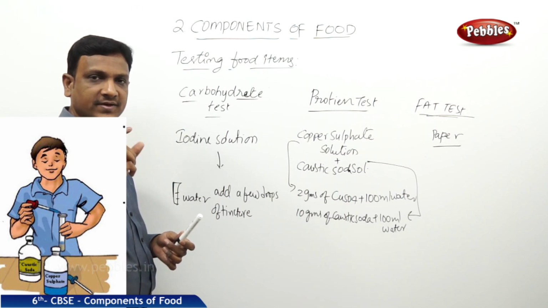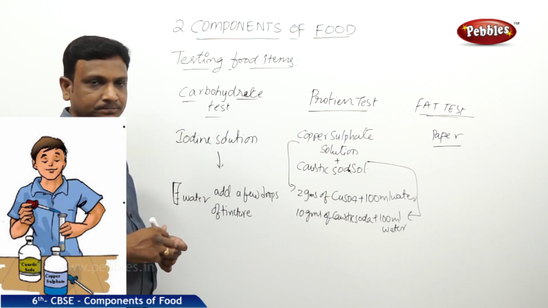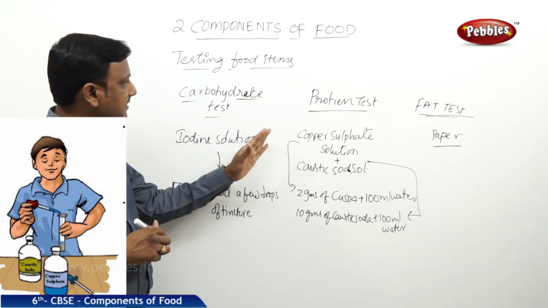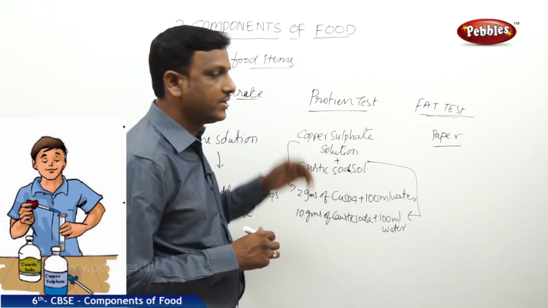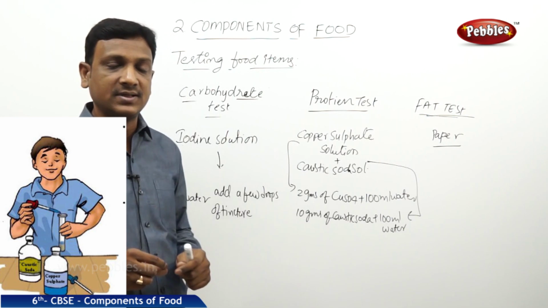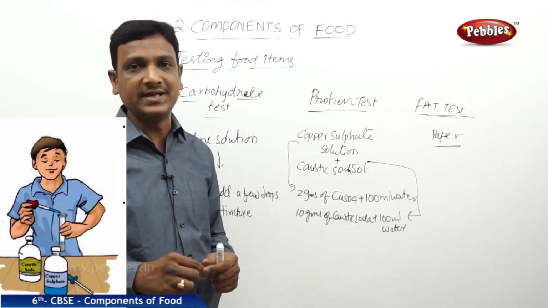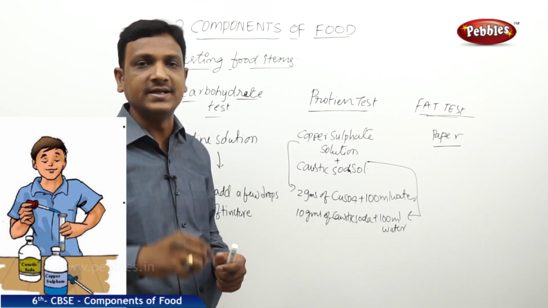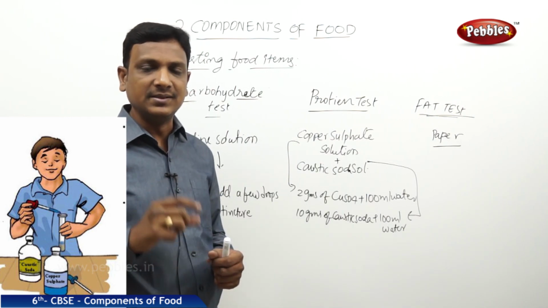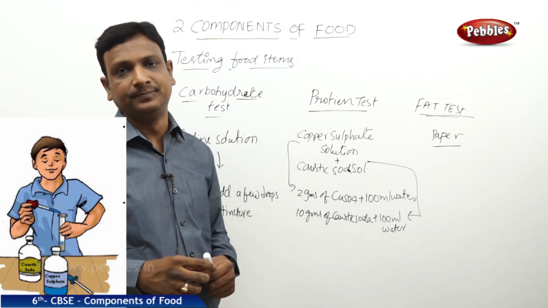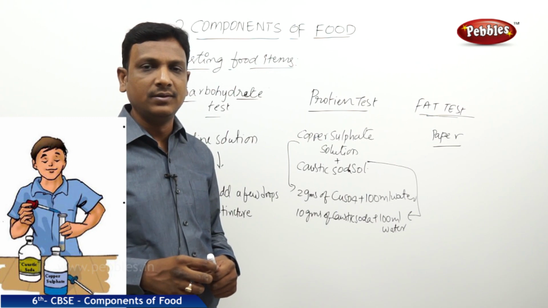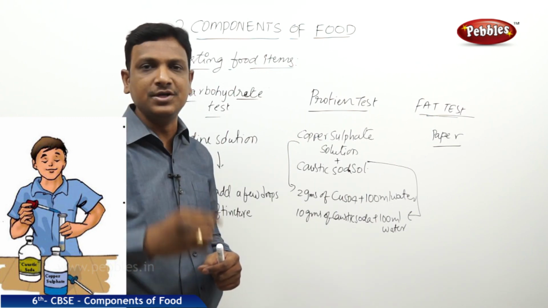So, you want to test whether a food contains carbohydrate or not. In the carbohydrate and protein tests, the item which you want to test is called the sample. The sample should be in liquid form. For example, you want to test the rice in your lunch pack.